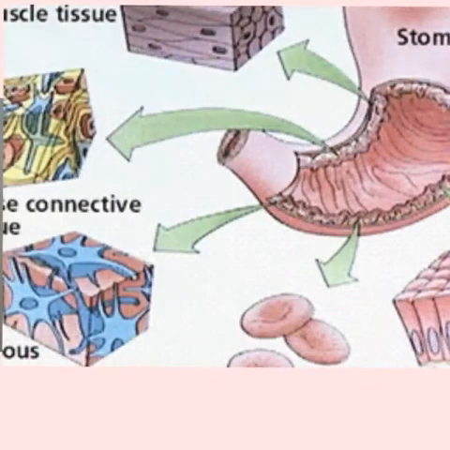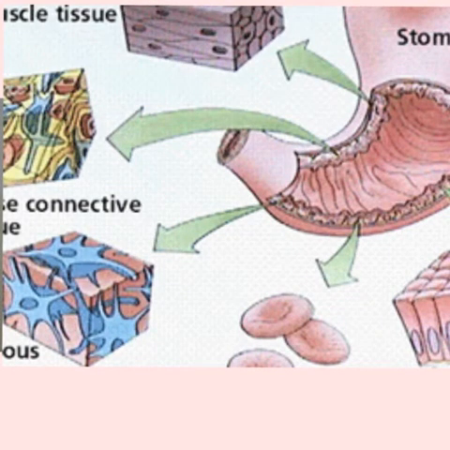Then the first one is epithelial tissue. In the human body we know that our skin is the outer covering. It is also made up of epithelial tissue, and the lining of the digestive tract is made up of epithelial tissue. Then it gives protection. That is the main function of epithelial tissue.